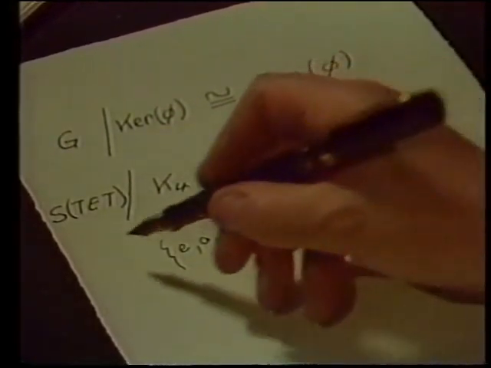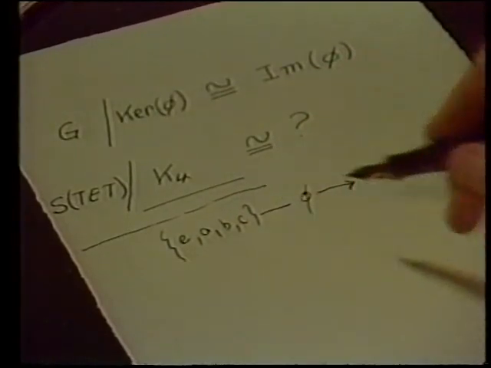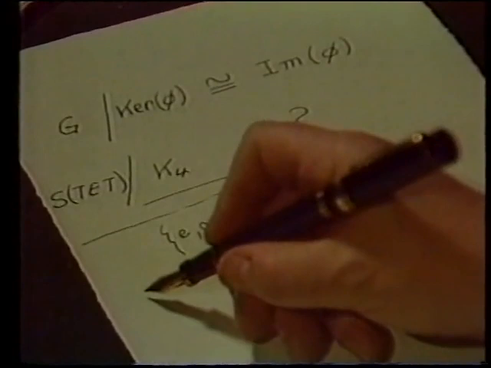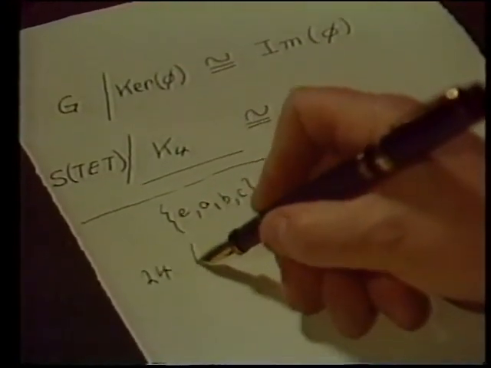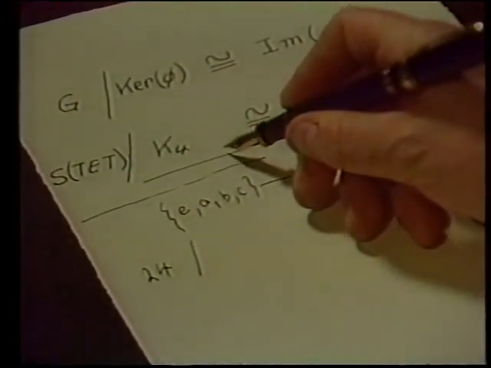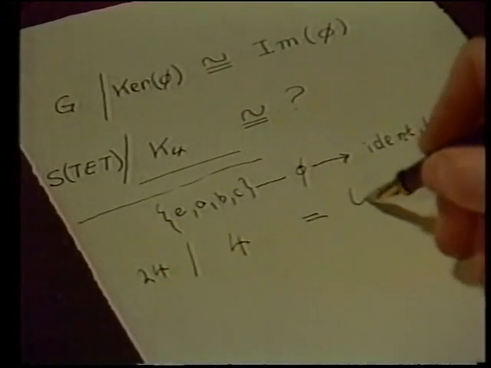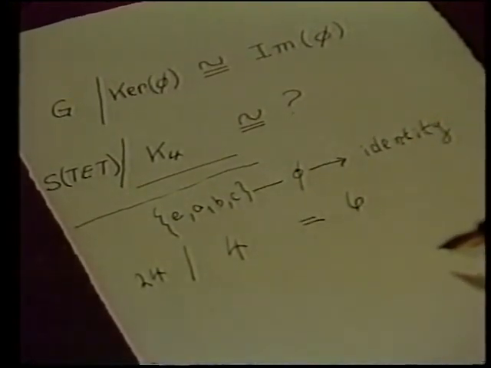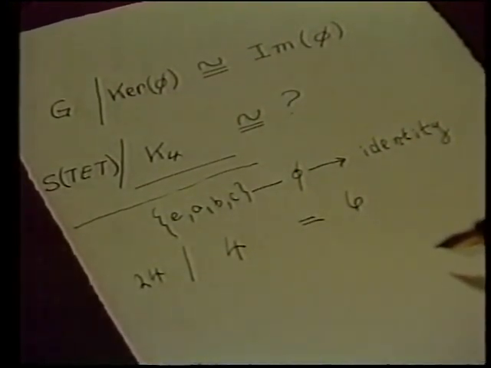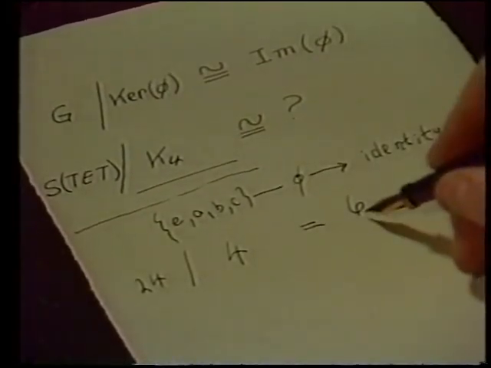Well, it's isomorphic to this quotient group. So its order must be the order of S tet, that's 24, divided by the order of K4, that's 4. So the order of M phi must be equal to 6. So the homomorphism must map the elements of S tet onto some group of order 6.